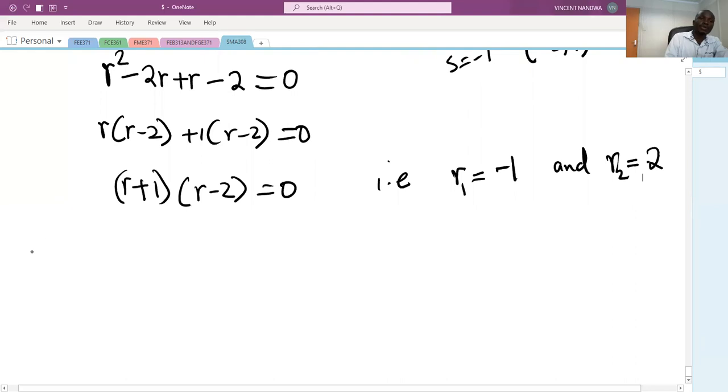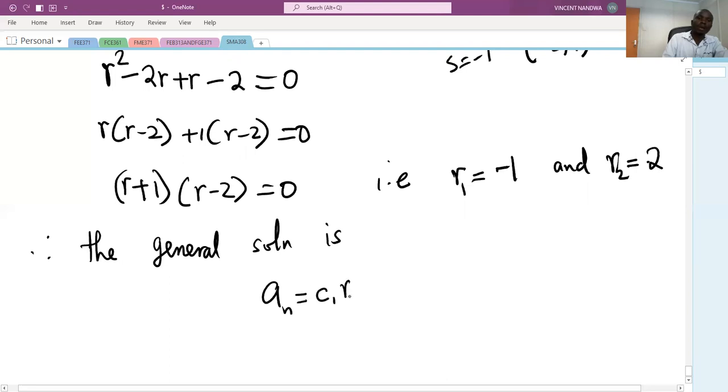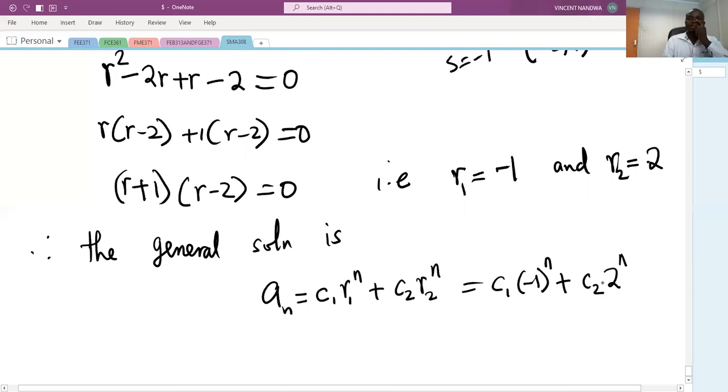And so the general solution is given by a_n equals c1 r1^n plus c2 r2^n, which is the same as c1 (negative 1)^n plus c2 2^n.